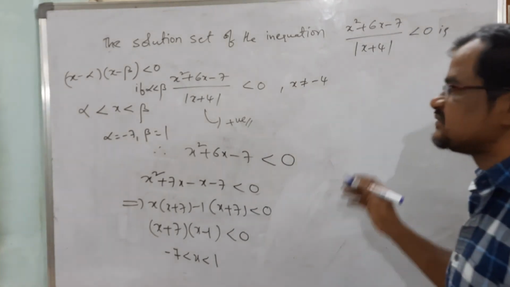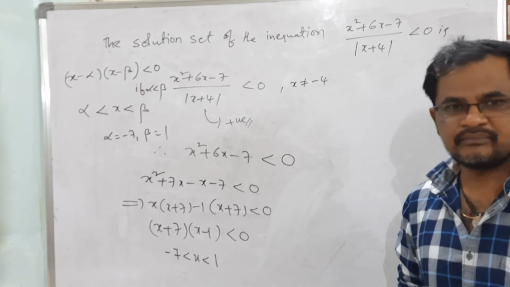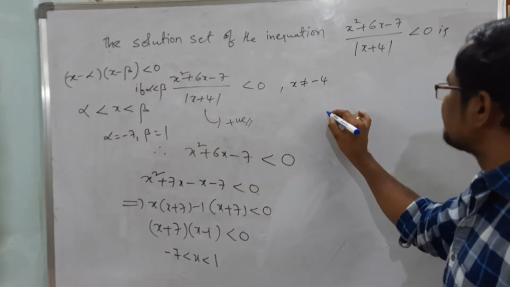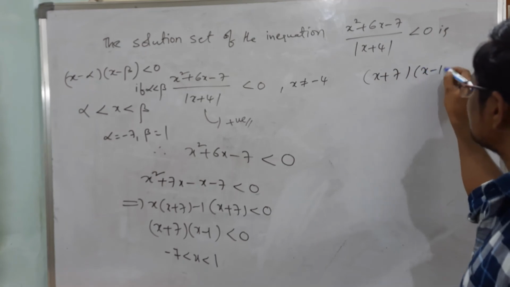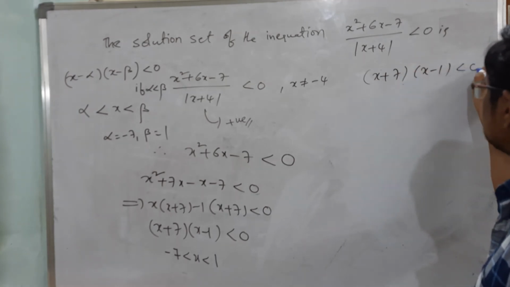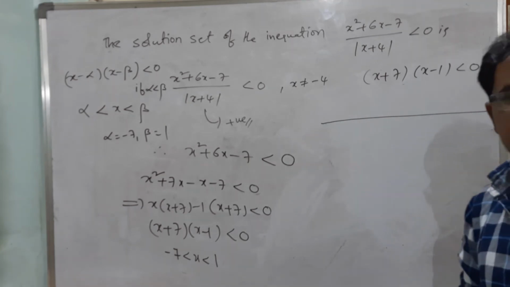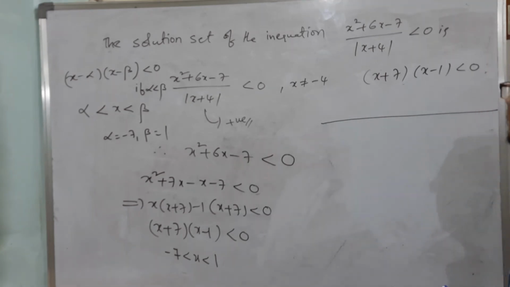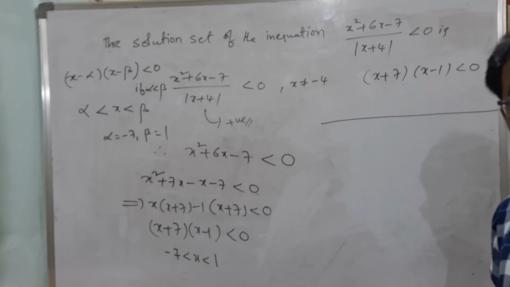This method is called the wavy curve method or sign scheme method. That is, x plus 7 and x minus 1 less than 0. For that you take one real number line, nothing but the x-axis. On the real number line, we have to take the critical points. What are the critical points?